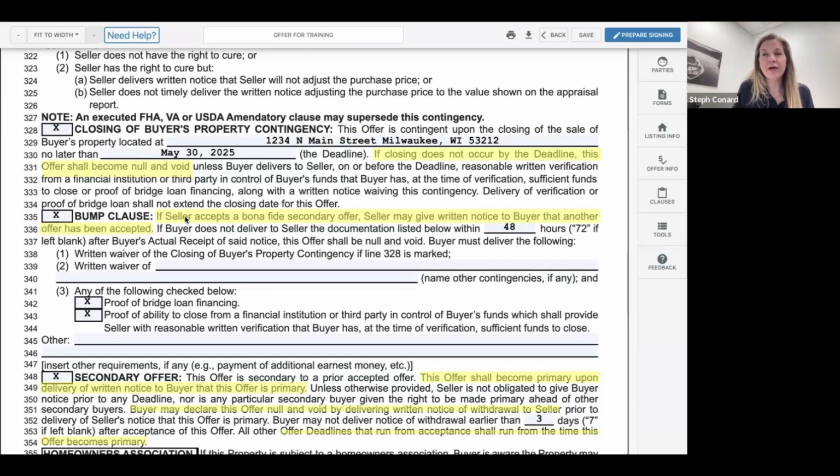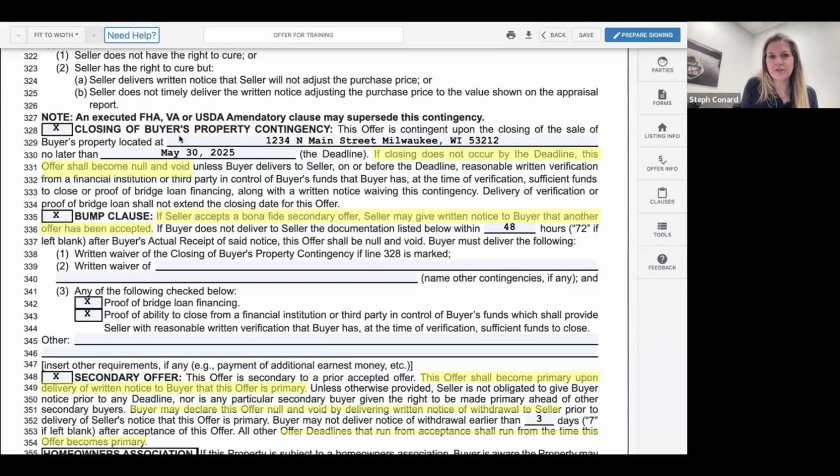As a secondary buyer, when you go into it, you'll know if there's a bump clause. And again, as a buyer writing a secondary offer, it might be more enticing to submit one, knowing that there's a bump clause and maybe a chance that you could be moved into primary position.